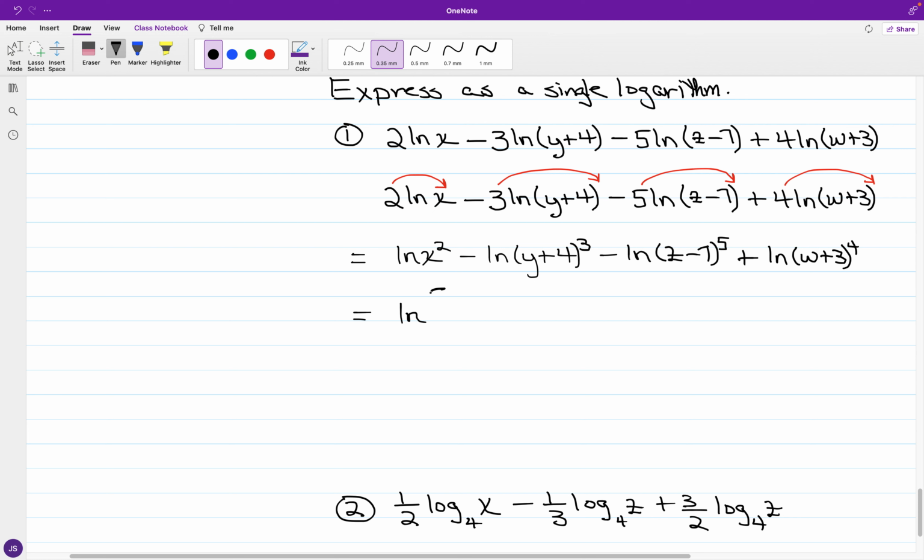So we have the natural logarithm, and looking at what we have item by item, we have x squared. This is part of a positive natural logarithmic term, so that will go in the numerator. The next two terms are negatives, so the cube of y plus 4 and the fifth power of z minus 7 will go in the denominator.